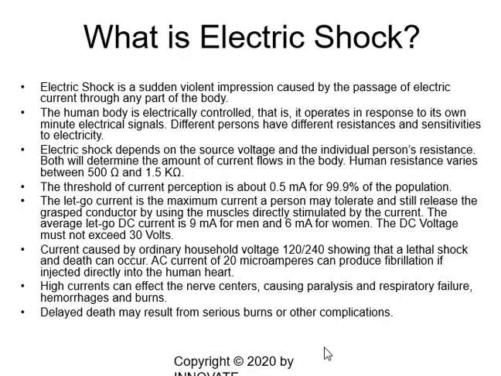It means if one does not die at the second of touching or grasping the conductor, he may die later because of the complications from burns and related damages.